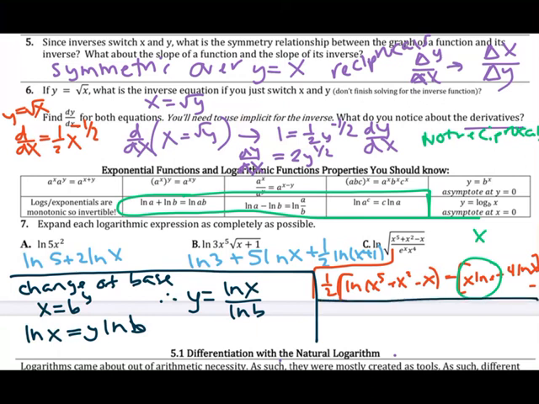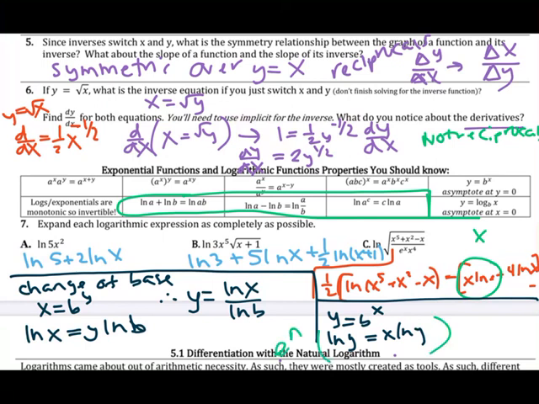Thinking about that in terms of the inverse, if instead I had y equals b to the power of x instead of x equals b to the power of y, again, the first thing I would do is natural log both sides. So I would have natural log of y equals x times the natural log of b. Then I could raise e to the power of both sides.